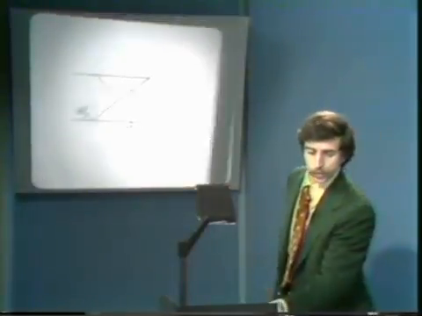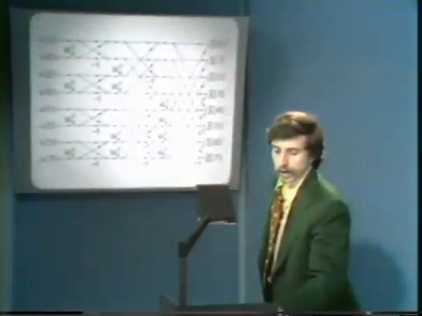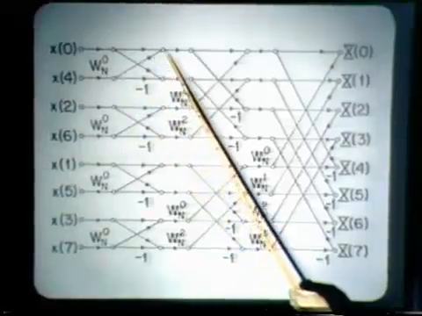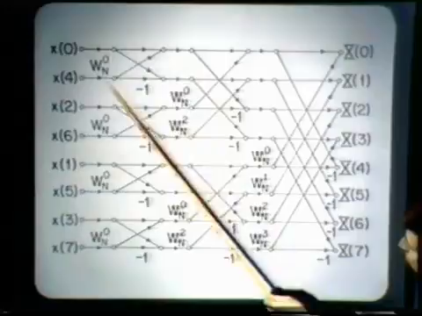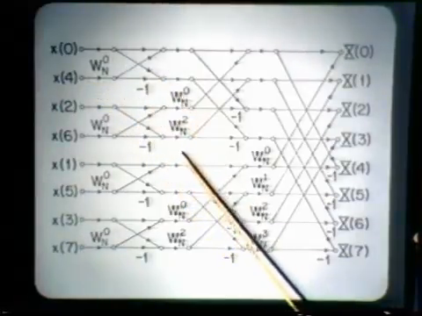In the flow graph that results when we do that, the powers of W are now slid out of the butterfly to the entering node to the butterfly.